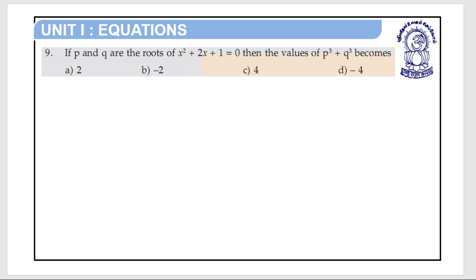If p and q are roots of x square plus 2x plus 1 is equal to 0, then the value of pq plus q cube becomes... Here x square plus 2x plus 1 is equal to 0.